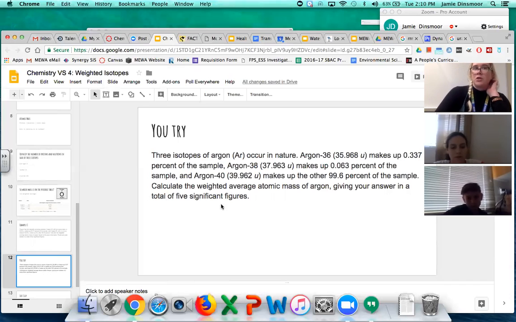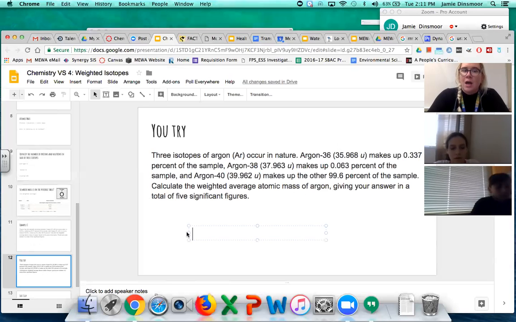So first thing we're going to do is start with one of our argons. These U's are our unit for mass. I'm going to start with the first one they gave me. Argon 36 has a mass of 35.968. Good, Bella. Am I multiplying it by 0.337 or 0.00337?